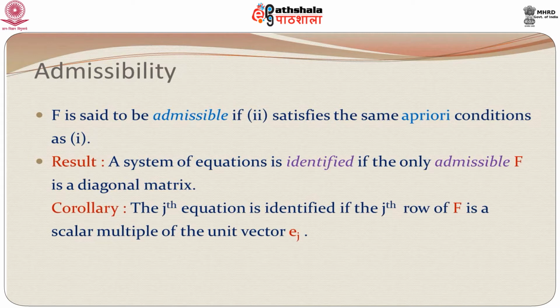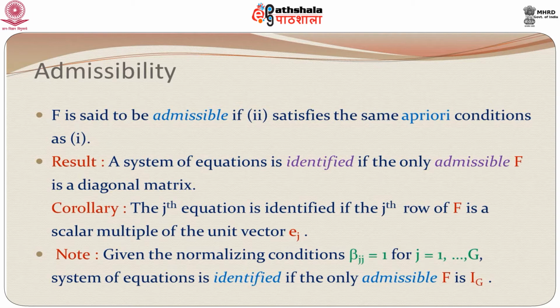It means that if the jth row of F is a scalar multiple of the unit vector, we say that the jth equation is identified. If it happens for all the rows, then all the equations would be identified, and we will say that the system is identified, and it will turn out that F is a diagonal matrix.